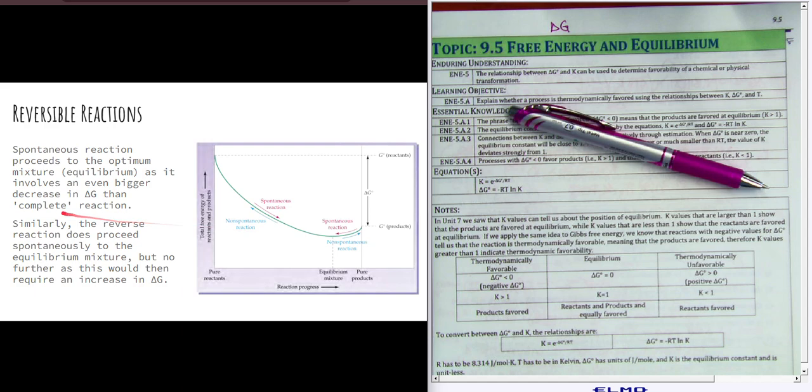The equilibrium position, what they're saying here, gives us an even bigger decrease in delta G, a more negative value. Because remember, delta G is products minus reactants, or final minus initial. If I'm just looking at where the products end and where I initially started with the reactants, I have some delta G value.